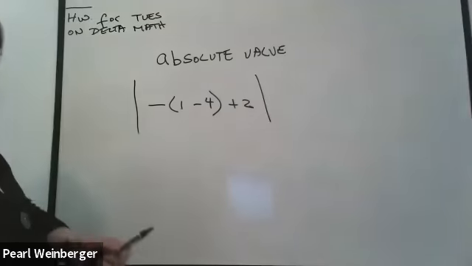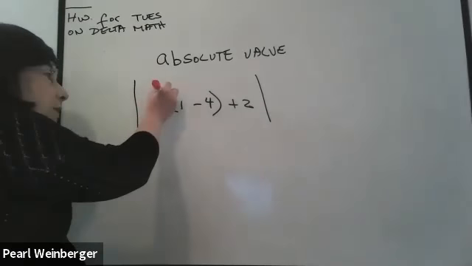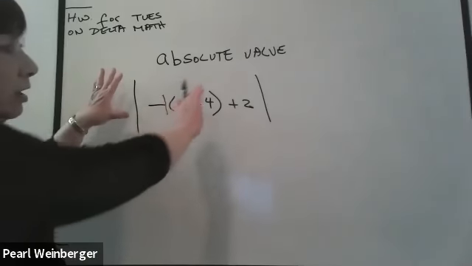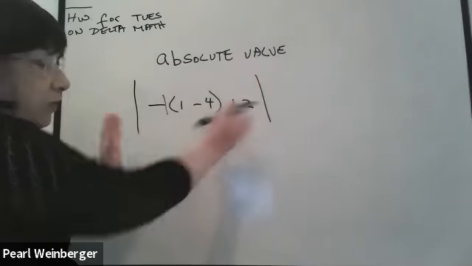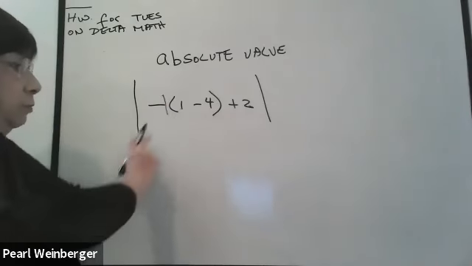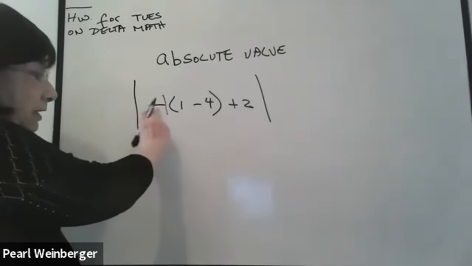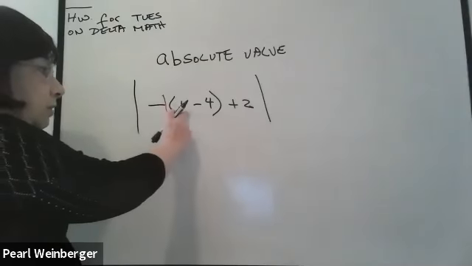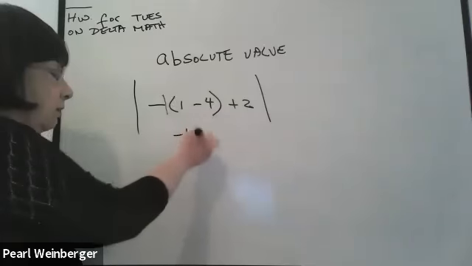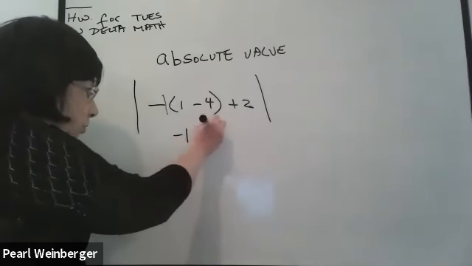Let's do that again, especially, let's do it the way we learned how to do it using the parentheses. Now, I ignore the absolute value signs until the very end. So if I have a negative in front of a parentheses, it's like multiplying by a -1. So -1 times 1 is -1. -1 times -4 is +4.